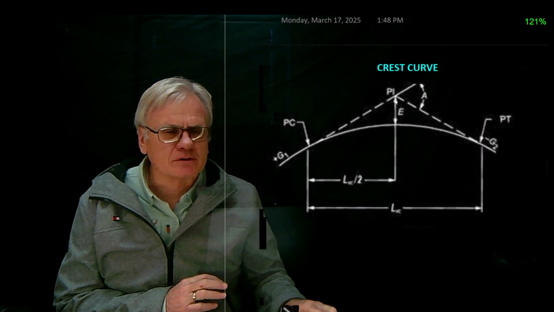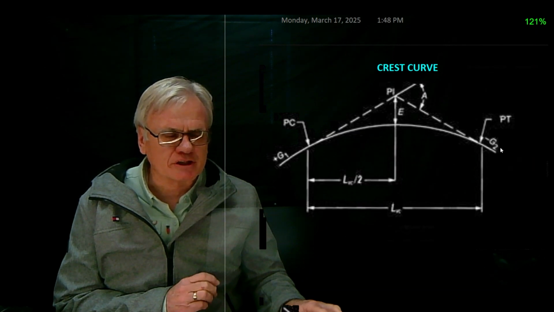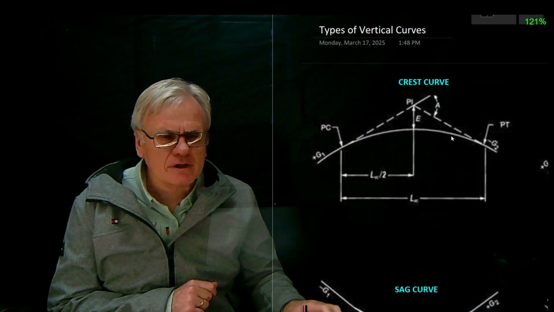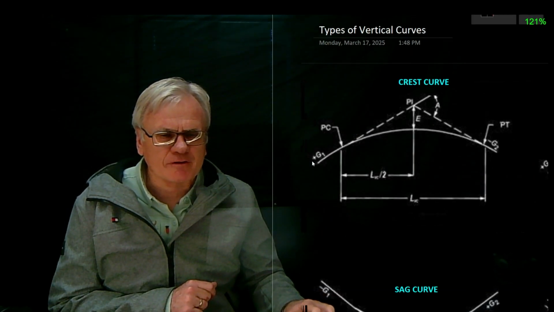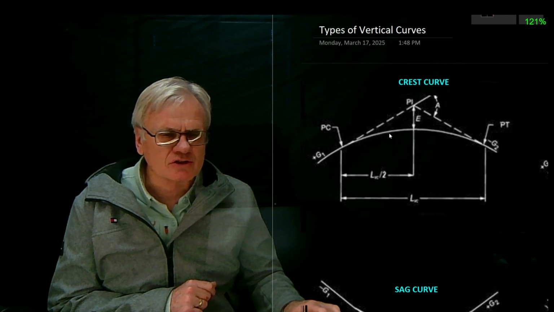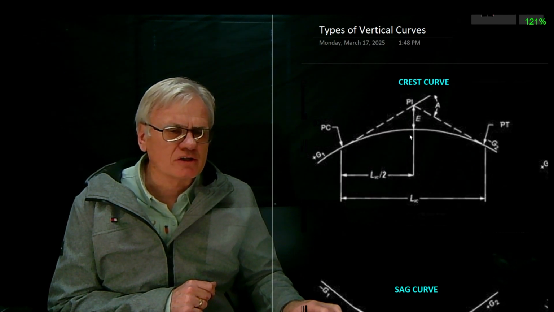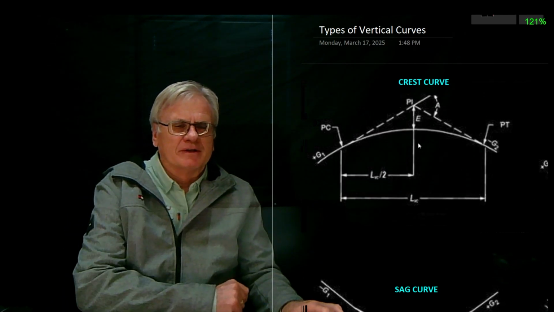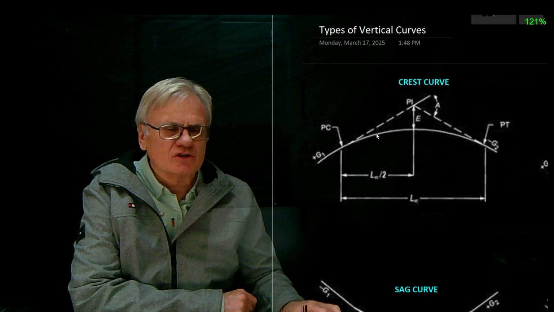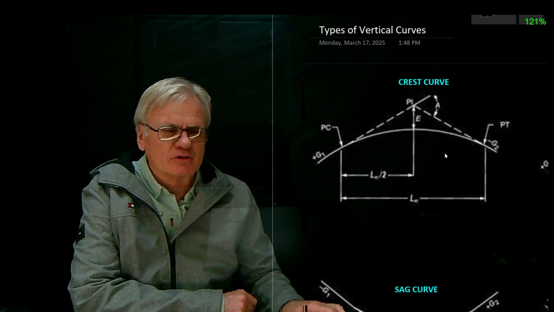The grade coming out of this curve here is a minus because it's going downhill, and it would also be expressed in percent grade. And then the curve itself, as it deviates from the tangent line, its curvature is changing, and so we have a change in the slope as we go between these two curves.